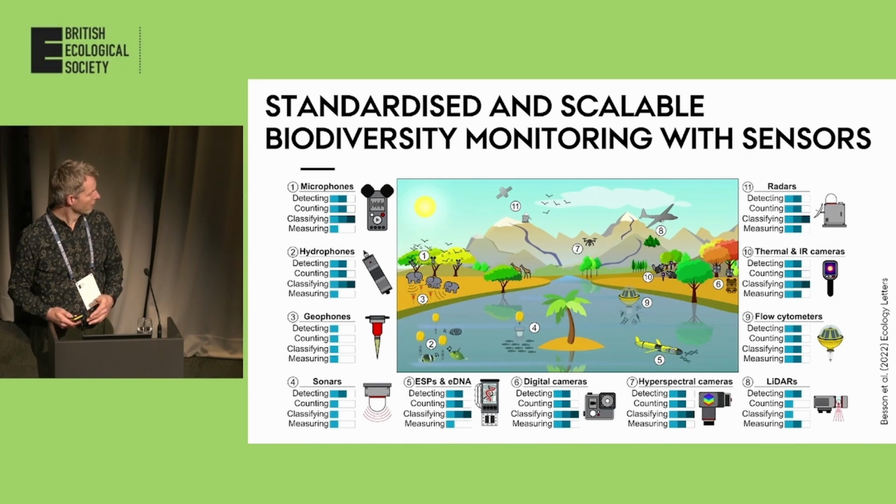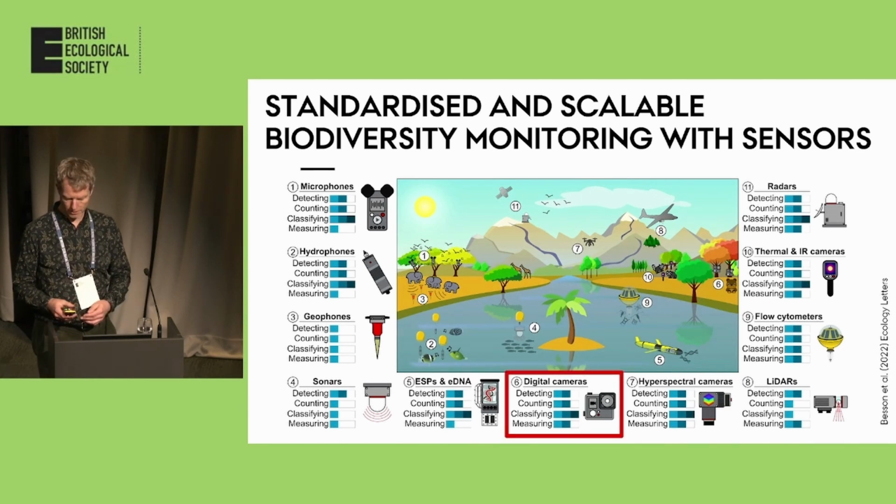Among all of these, one of the most scalable, because they are quite cheap, are digital cameras, and that's really where we do most of our work, using these essentially computer eyes to observe the environment instead of human eyes.